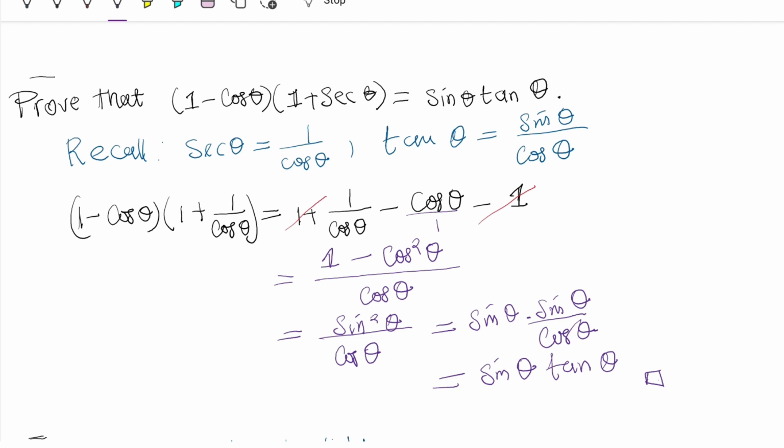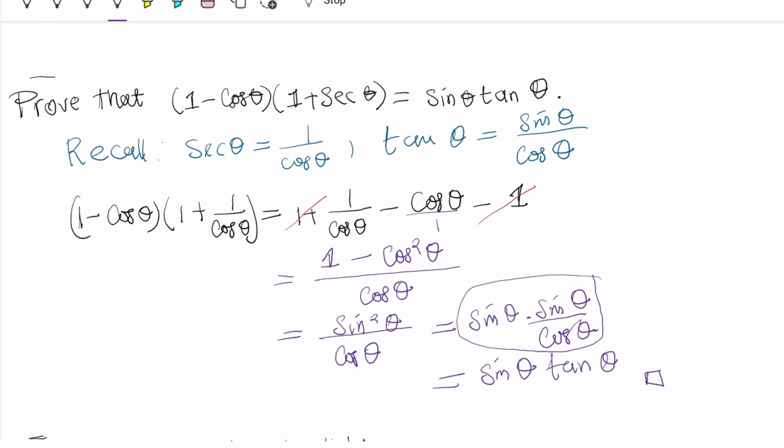So again, what is the idea? I looked at this problem and I see that on the right hand side I have sine theta multiplied by tan theta. So I can rewrite the right hand side as sine theta multiplied by sine theta over cos theta. Okay, I can write it in this form. Now I look at the left side.